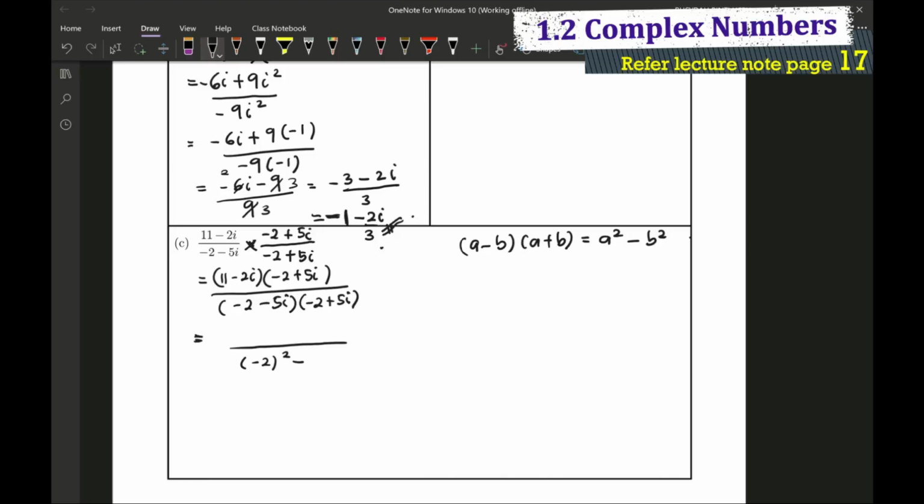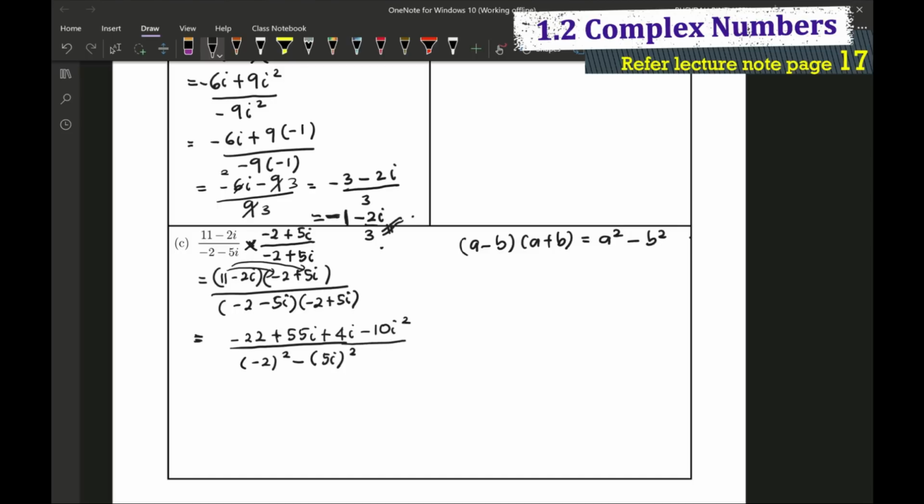What is our b? Our b is 5i. Our a is negative 2, our b is 5i. The operation up here is negative 22 plus 55i plus 4i minus 10i squared.